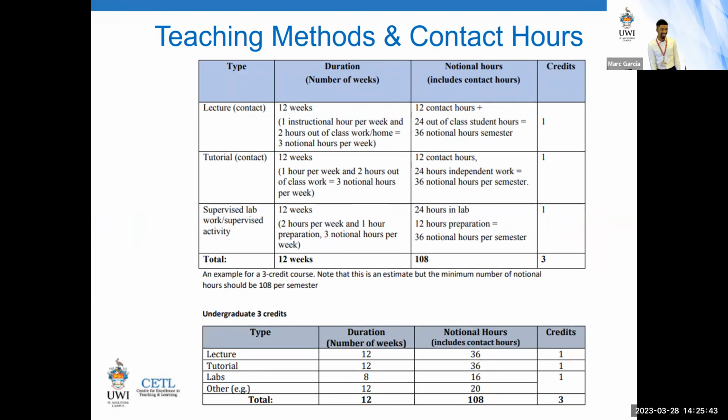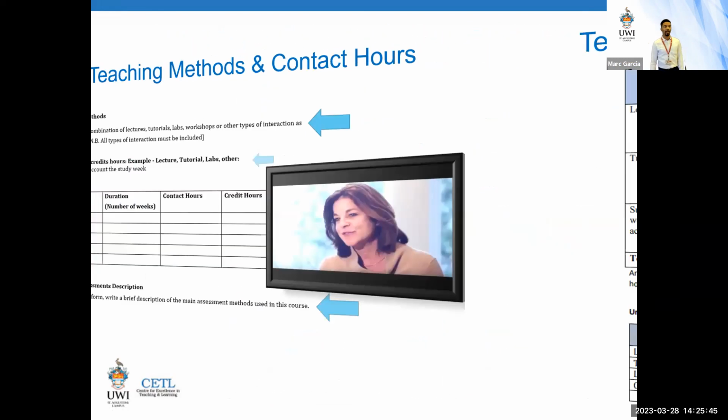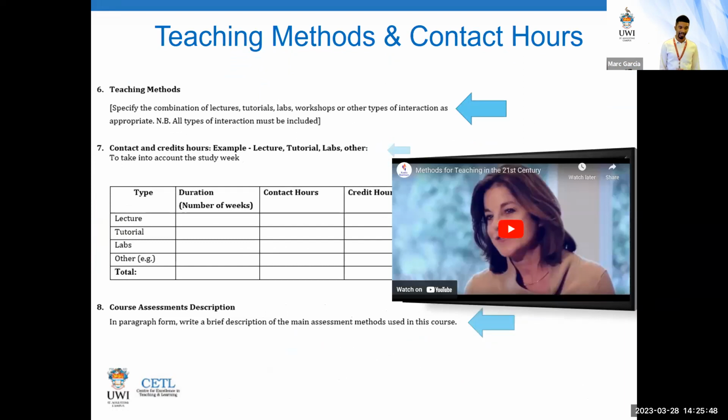All right, so let me go back to that slide again. So, what was I saying? The contact hours. That really deals with whenever you have to meet with students, usually through a synchronous activity, maybe an asynchronous activity, but whatever activities you do with students where you get to meet with them, those constitute what we call the notional hours.